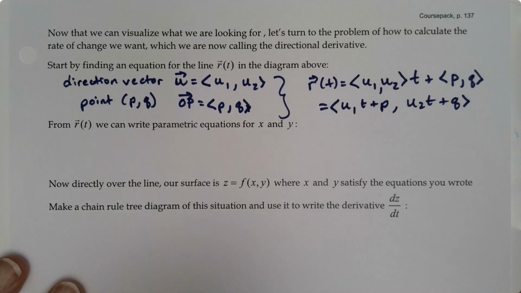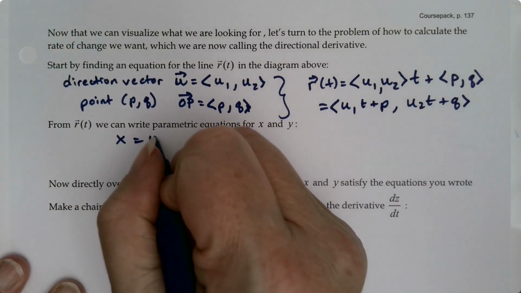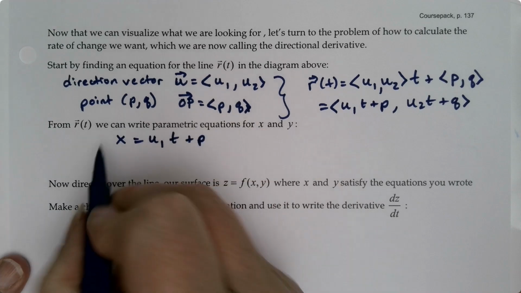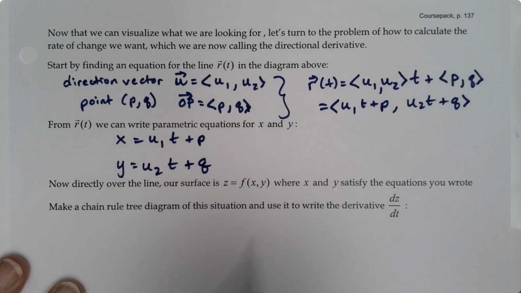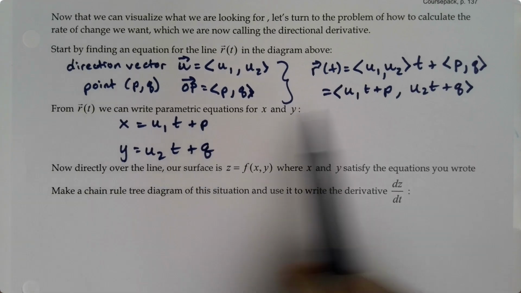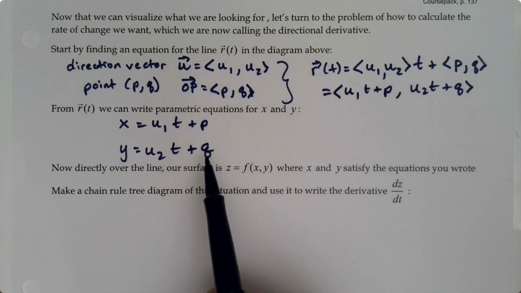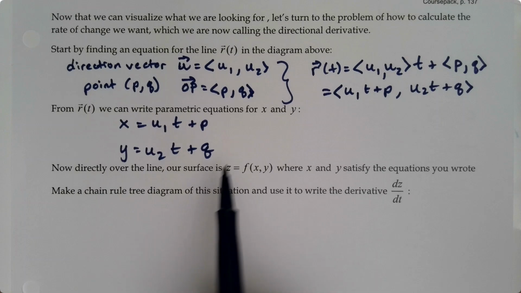All right. So that means we can write parametric equations for x and y. We know that x must be equal to u1t plus p, and y must be u2t plus q. Sure. Now, over that line is some surface. So this is the equation of the line. This is parameterizing that line that's on the xy plane. But overhead, there's a ceiling, which is that surface, right?